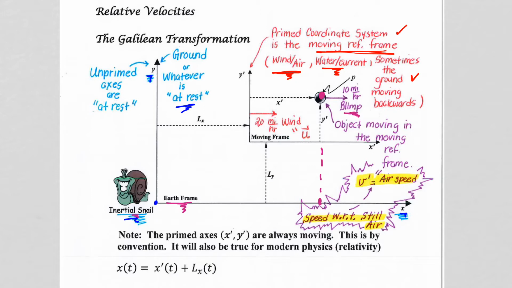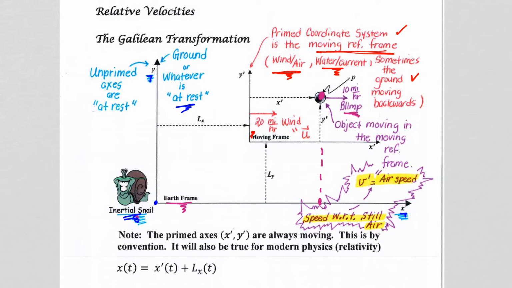So our balloon that just went aloft, if there was no wind, it would just sit there. Now, if it was windy, and here I have the wind, decent wind, 20 mile per hour wind, blowing to the right, the person on the ground would see the balloon also going to the right at 20 miles per hour.